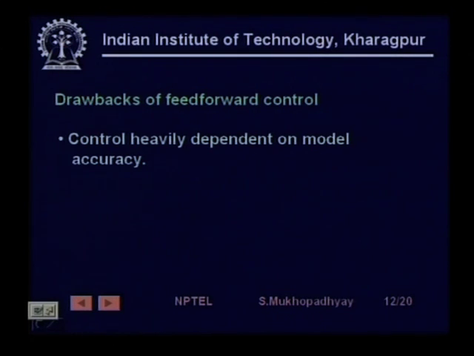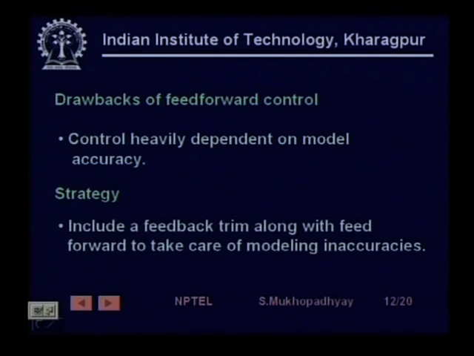Now let us look at the drawbacks of feed forward control, that is, the control is heavily dependent on model accuracy. So what do we do? We want to have the best of both worlds, that is, a quick responding controller to step and disturbance changes, but we do not want our control law to be crucially dependent on the model accuracy, because if the model is a little bit inaccurate, immediately we will get error in the control performance.